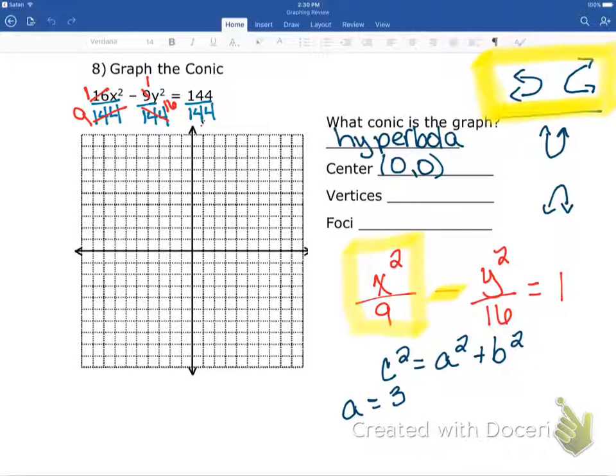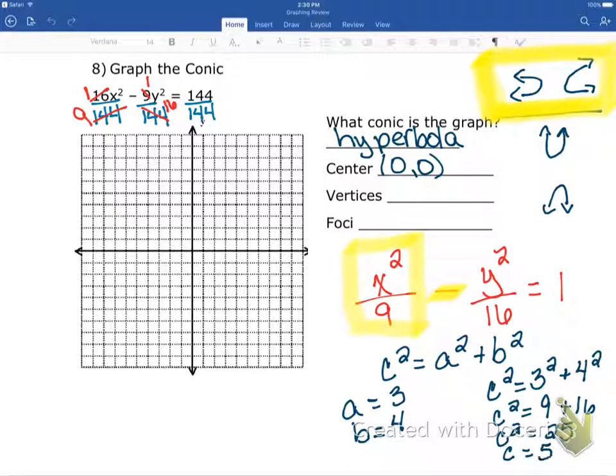The y squared over 16, the 16 gives us our b value, and the square root of 16 is 4. So our c squared is going to equal 3 squared plus 4 squared. That is 9 plus 16, so c squared is 25. And so our c value is going to be 5.